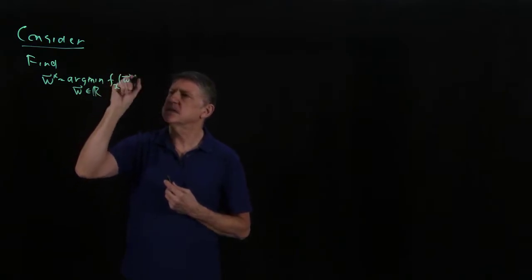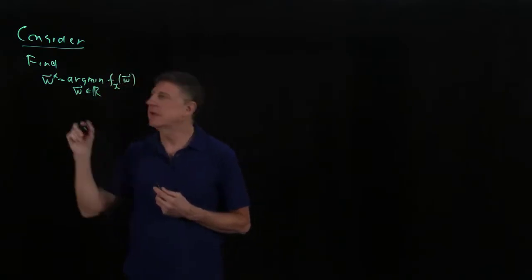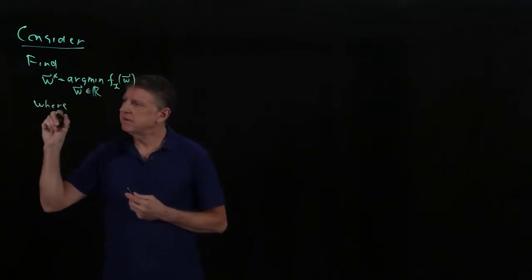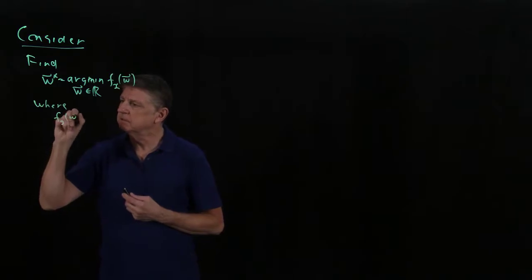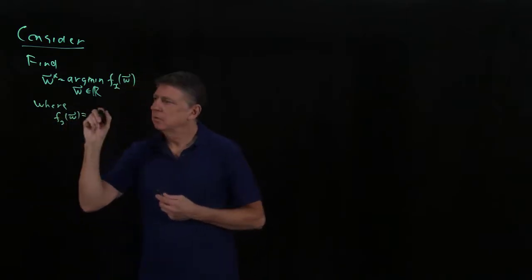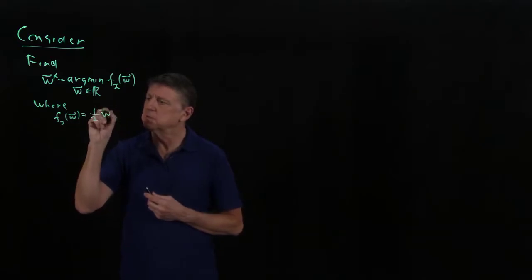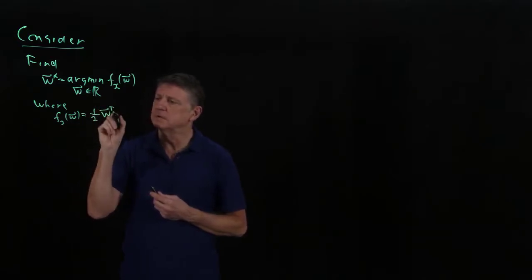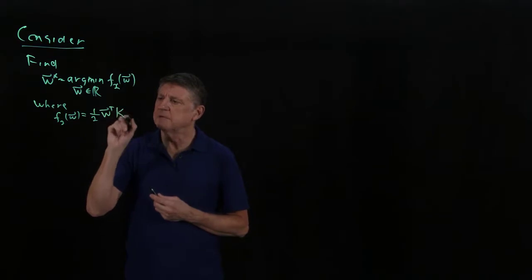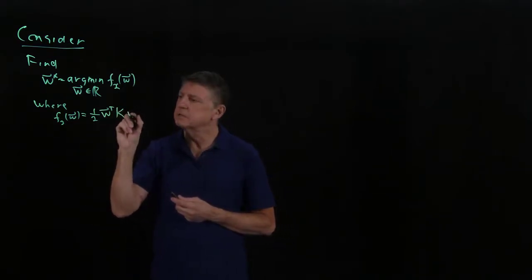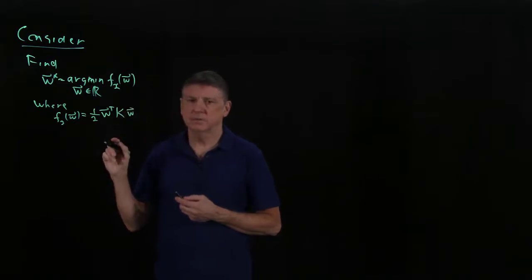So this is a second function that has a vector argument. And what we'll specify here is that our standard form will be 1/2 times the transpose of the argument times a symmetric positive semi-definite matrix times the argument.